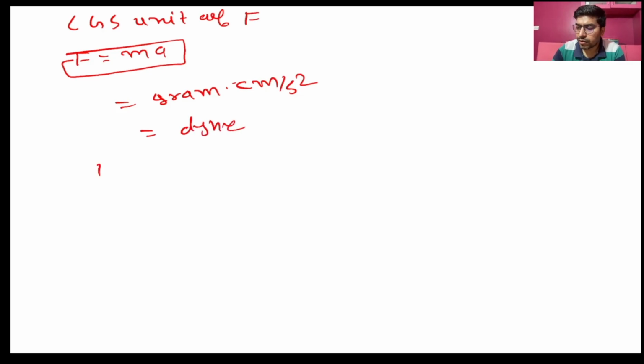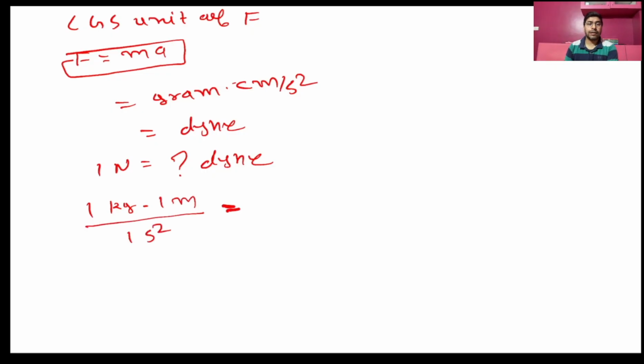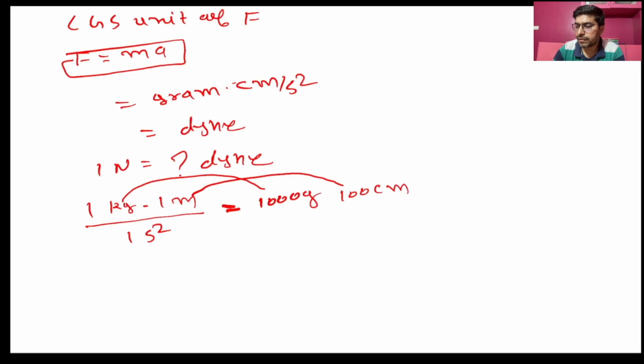Now we have to convert: 1 Newton is equal to how many dyne? 1 Newton is 1 kg into 1 meter by 1 second square, and dyne is gram centimeter per second square. 1 kg is equal to 1000 gram, 1 meter is equal to 100 centimeter, and second is second.